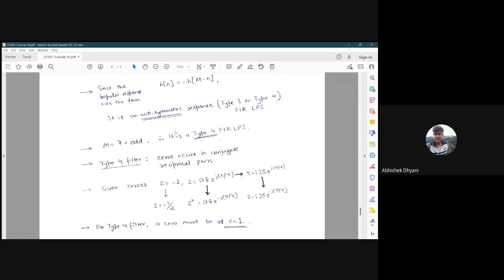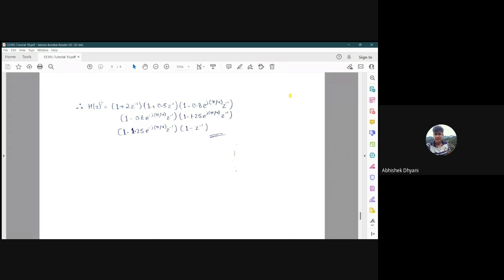We can now write H(z) based on this. So it will be all these zeros at this position. This is at minus 1 by 2, and this is at minus 2, and these four are the complex conjugate pair and its reciprocal, and finally one at z is equal to 1.